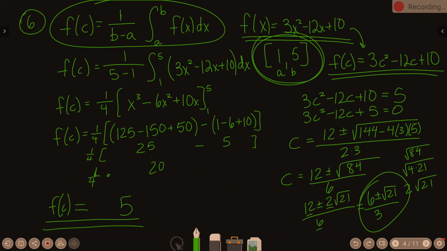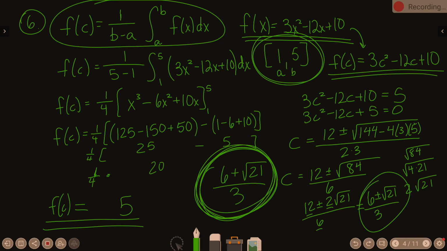My interval is 1 to 5. So do both answers work? No. The answer that works was the plus. So, final answer, 6 plus square root of 21 over 3, because that's the one that's in the interval.